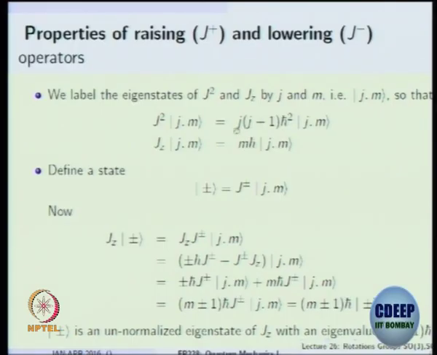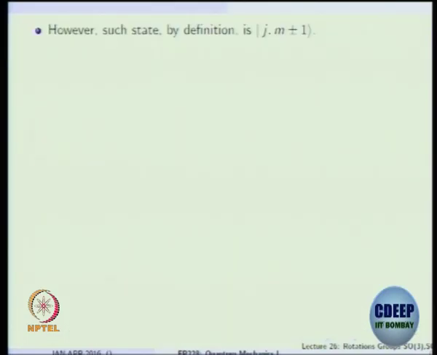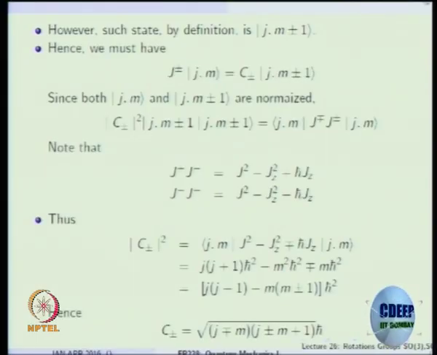So you can also call this j plus or minus acting on jm, and use this algebra and try to write it the way we wrote Cn and Dn. Do the same thing here. Let's denote j plus or minus on jm as C plus or minus times jm plus or minus 1.